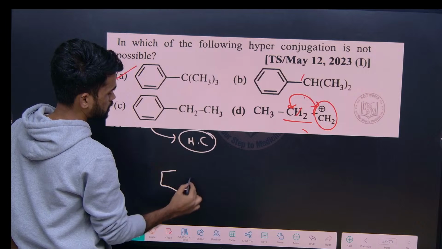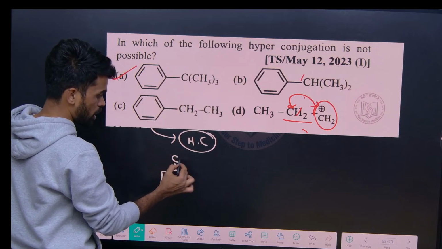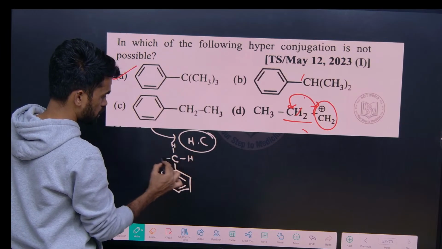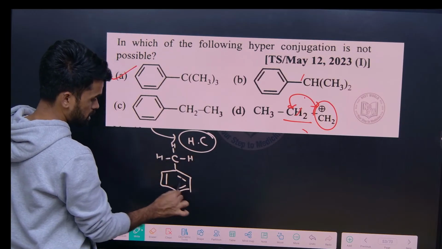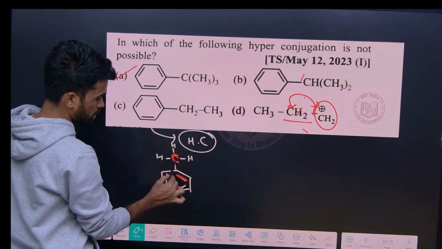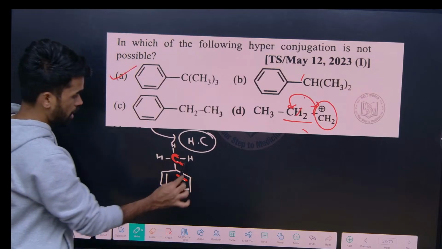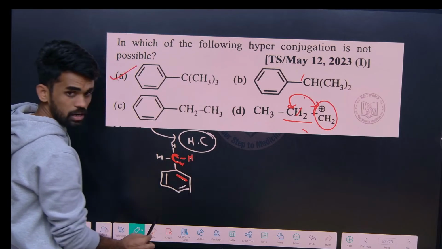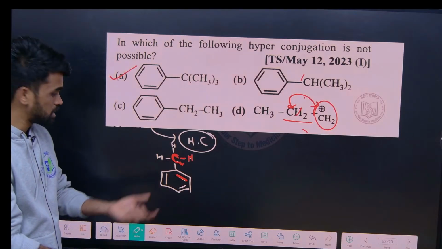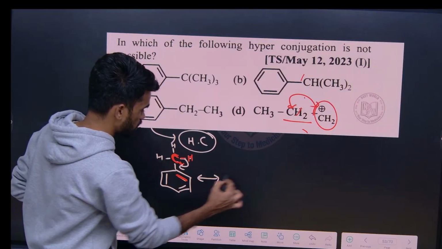Alkyl benzene means this is benzene with one alkyl group, one carbon, some hydrogens, like this. To this double bond, the adjacent carbon is there. This is the alpha carbon with respect to the double bond. Hydrogens are there, alpha hydrogens. Similar to alkenes, alkyl benzene will also have hyperconjugation in this way.